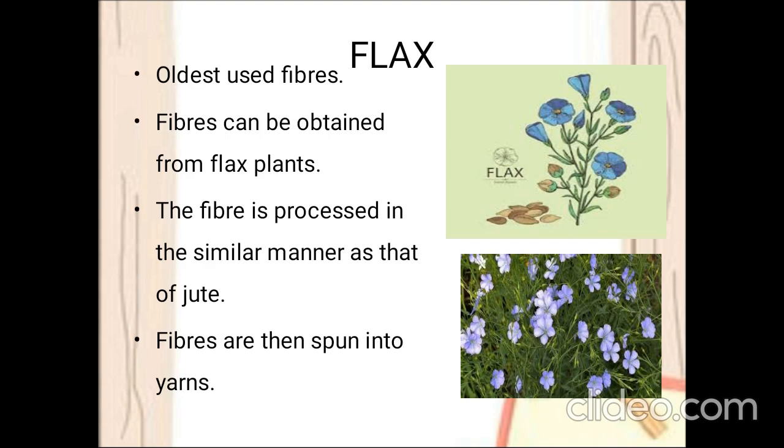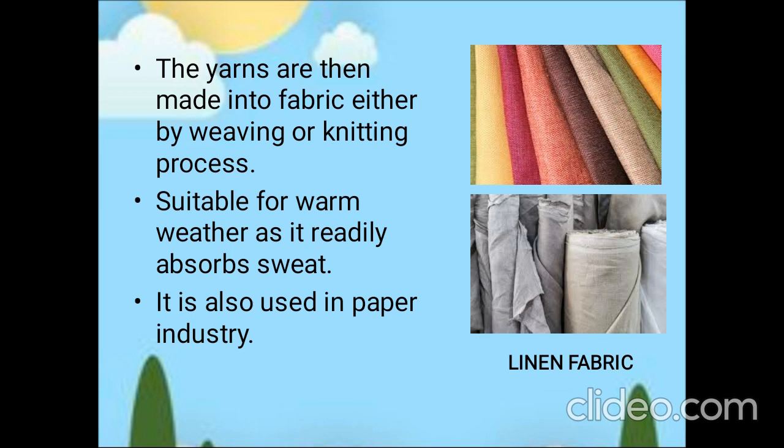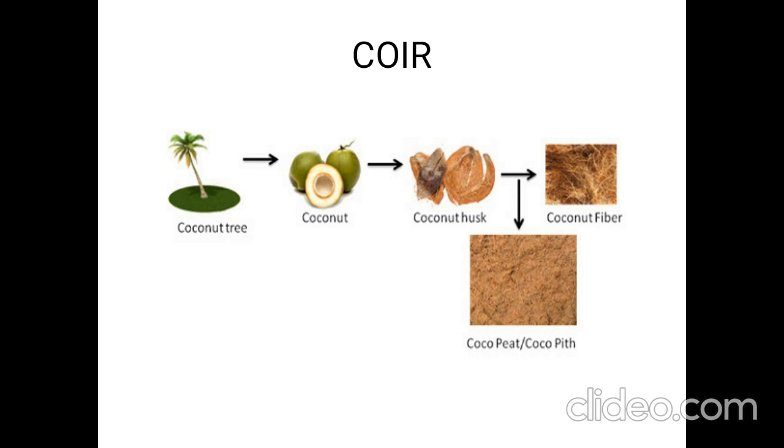In a similar way, flax is obtained from the flax plant, and as in the case of jute it undergoes retting, washing and drying, and finally we obtain the linen fabric. These fabrics can be used in the paper industry also. Then coir is obtained from the husk of coconuts, that is the outer layer of the coconut, from which we can manufacture ropes, carpets, etc.